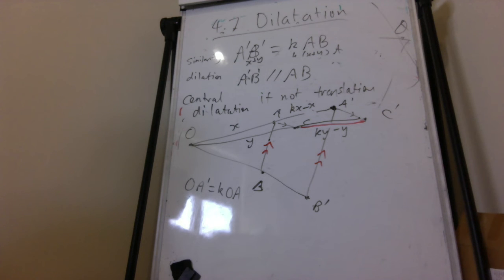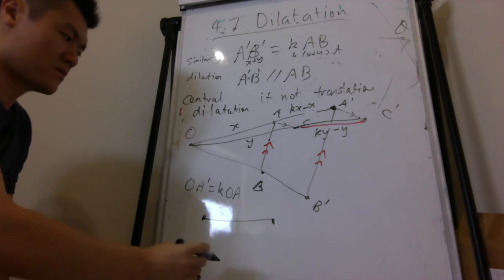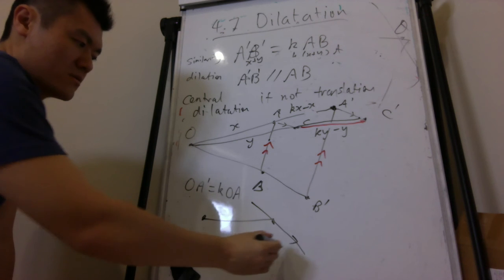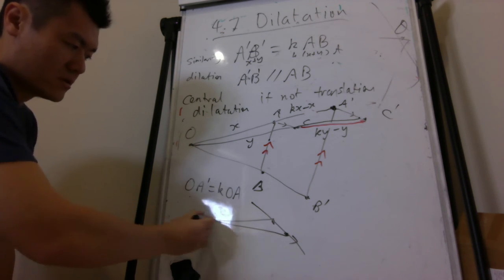C prime can be anywhere on the parallel one. But the point is, I guess now we're saying if you have a point that has the right distance, there can't be another point that has the same distance as that.